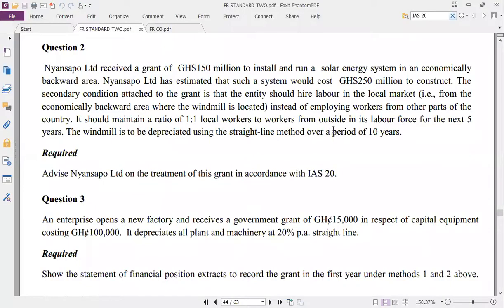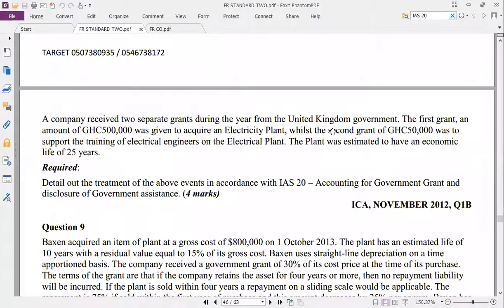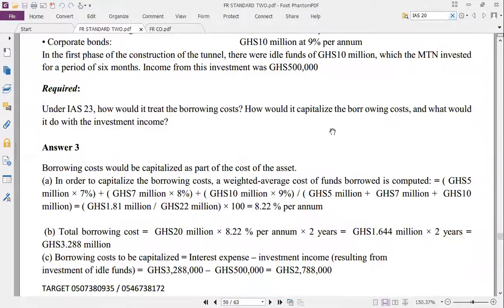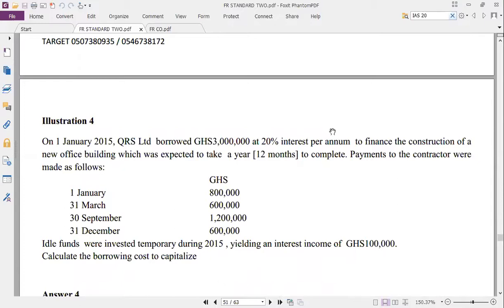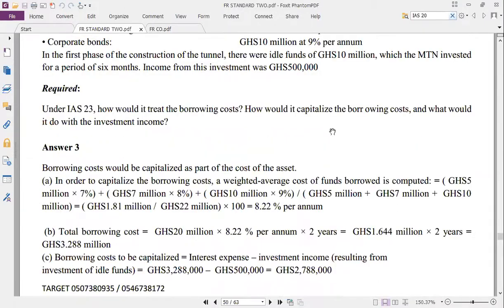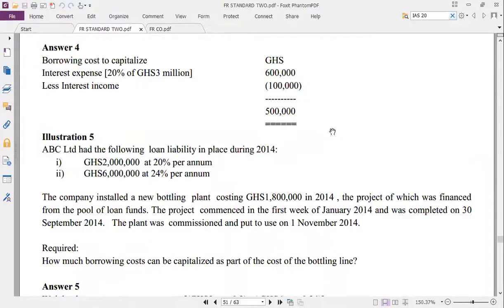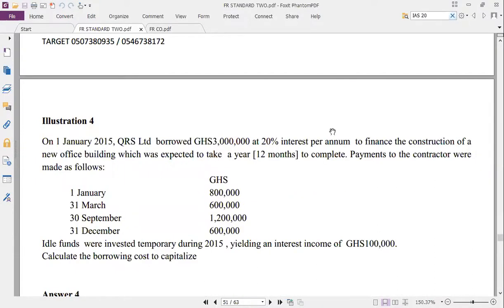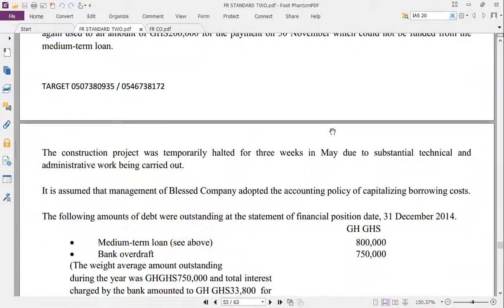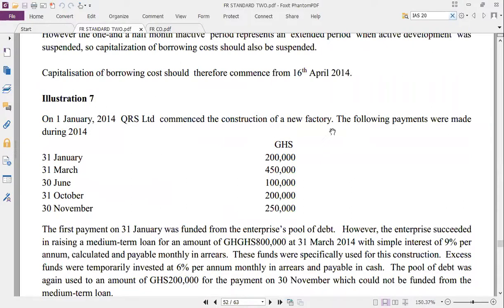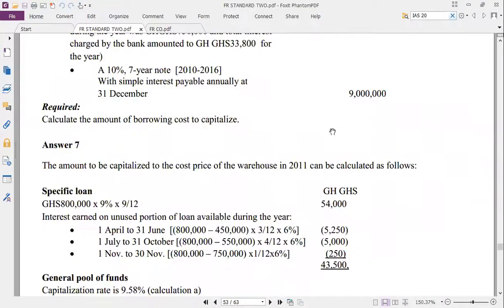Let's continue the game. Let's go to the borrowing cost. Let's look for one general pool of fund and do justice to it. Illustration 7 shows in advance, very interesting.